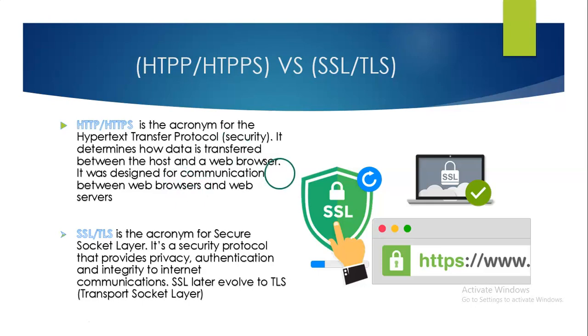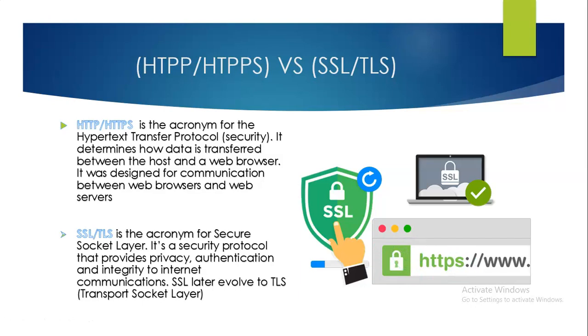Anytime you see HTTPS in the image you are seeing here, you will see an icon that looks like a padlock. But when you see HTTP, you won't see this icon. That's the difference.